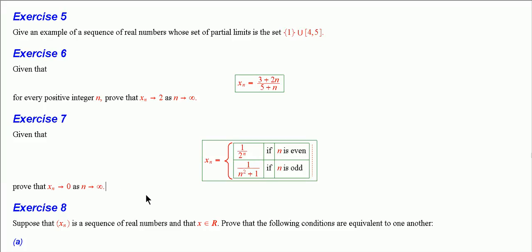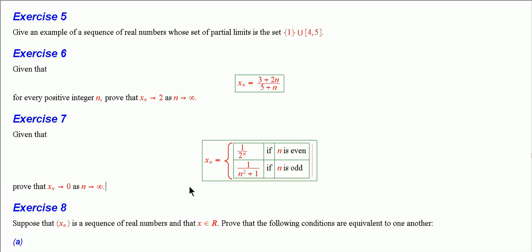The formula for xn is sometimes 1 over 2 to the n and sometimes something else. And I want to show that this sequence tends to 0. The strategy is to show that when n is large, regardless of whether we're using the first formula or the second formula, the value xn will be close to 0. Do you understand?